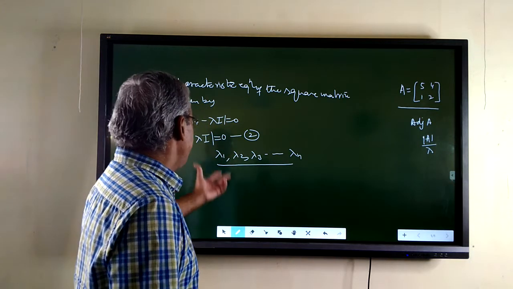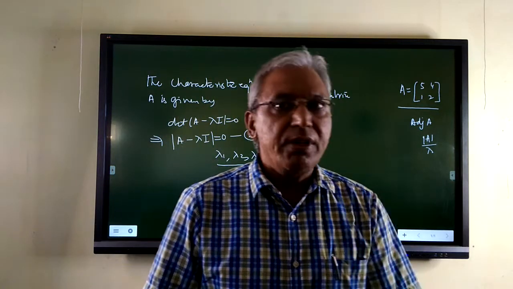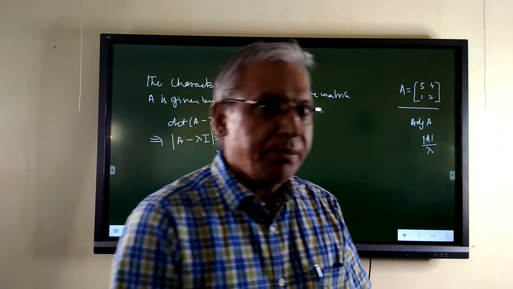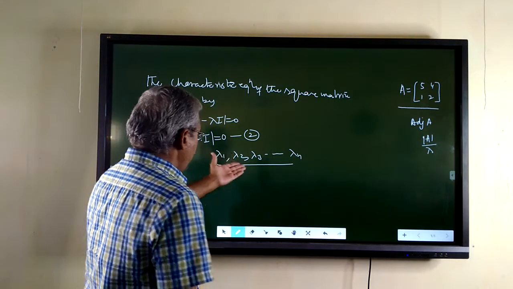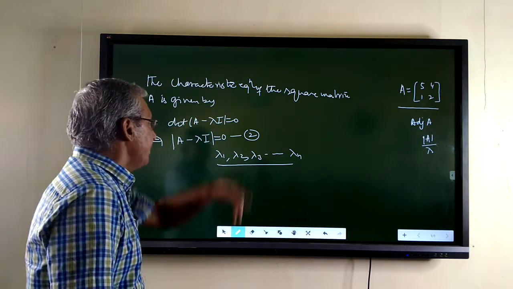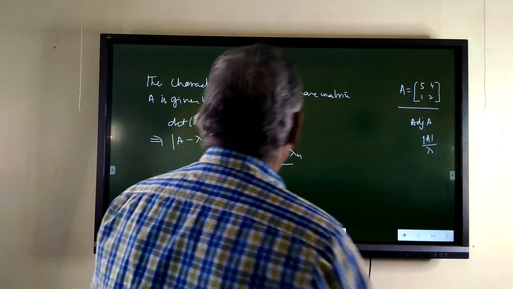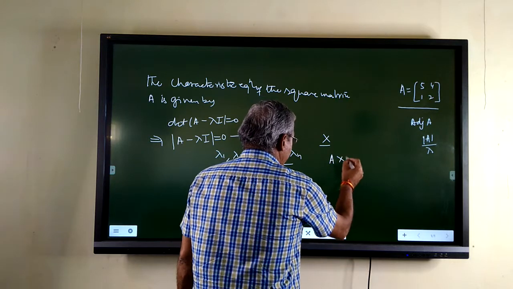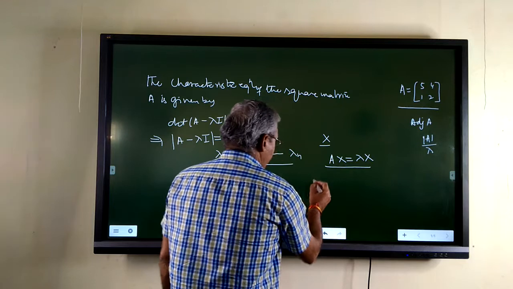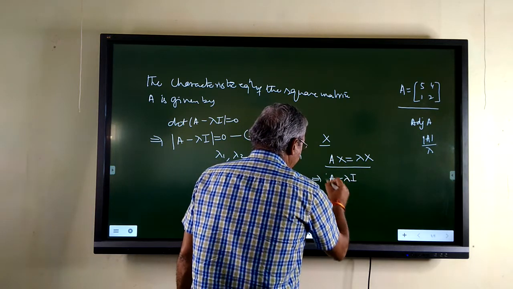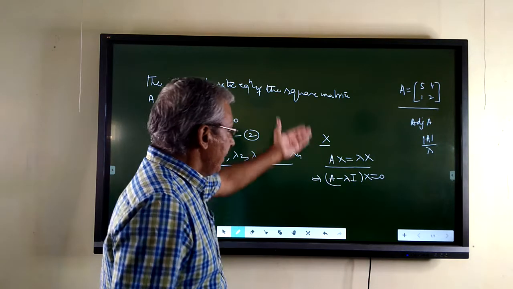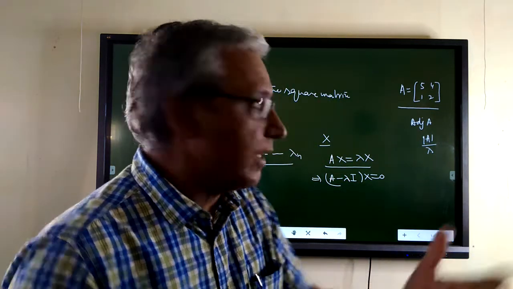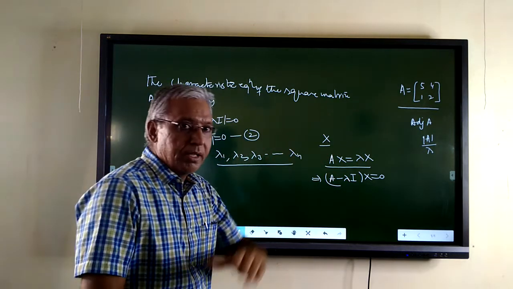These roots of the characteristic equation are known as eigenvalues, latent roots or characteristic roots of the given square matrix A. Similarly, any non-zero vector x which satisfies the equation A x equal to lambda x, or (A minus lambda I) x equal to 0, is called an eigenvector corresponding to the eigenvalues lambda 1, lambda 2 and so on up to lambda n.